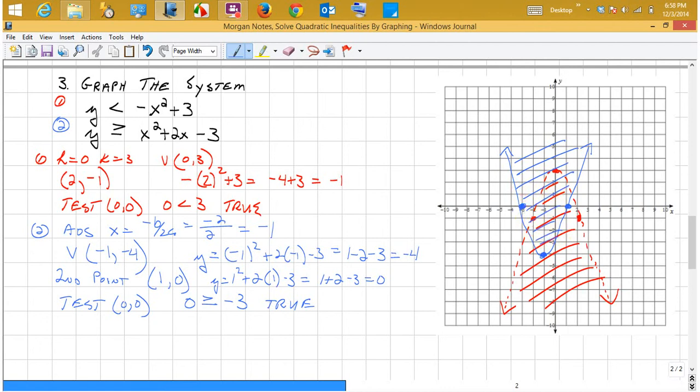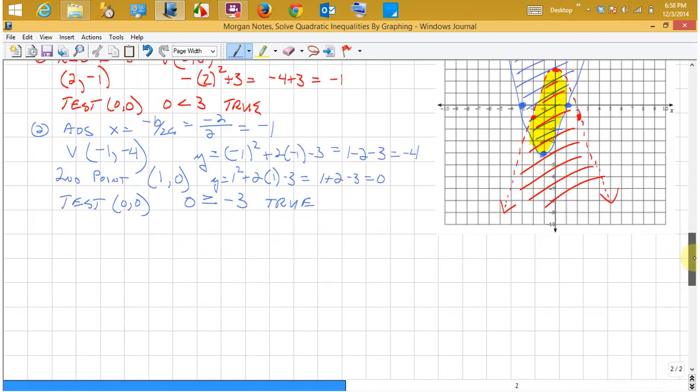You can see that the overlap of my shading is going to be this region in here. Any point on this dashed line would not be a solution. Any point that would fall on this part of the blue line would be a solution.